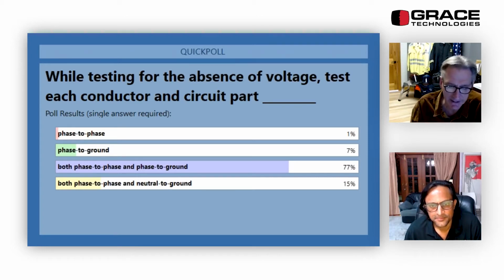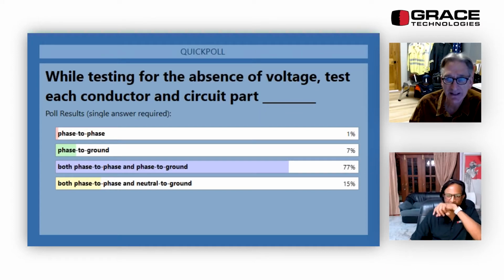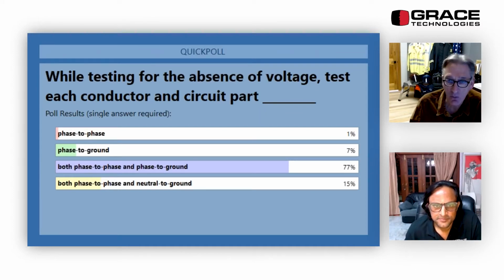But where this is located is where 70E gives us a requirement for establishing and verifying that equipment is in an electrically safe work condition. That's 120.5, paren 7, 120.5(7). This talks about testing for the absence of voltage.